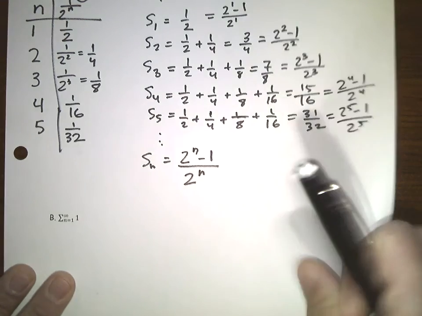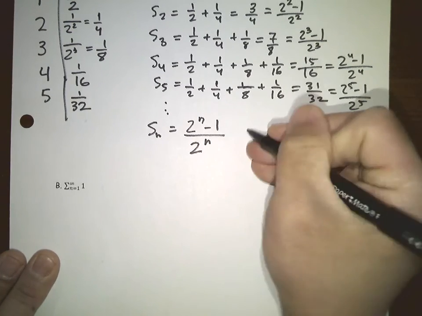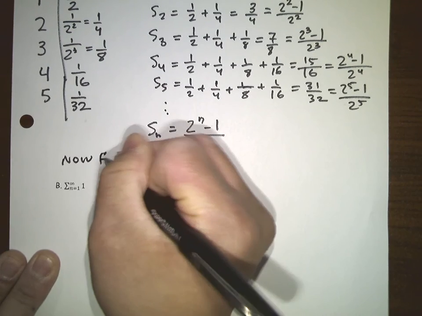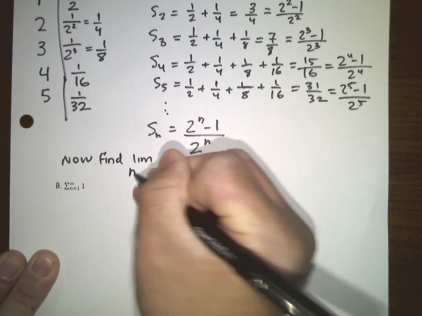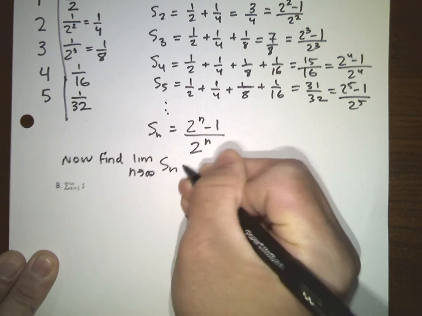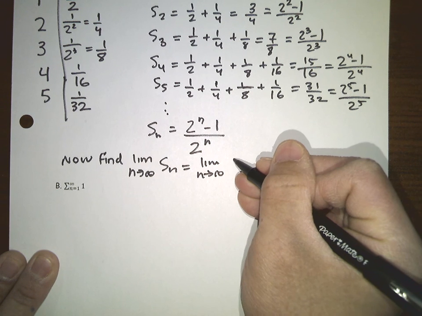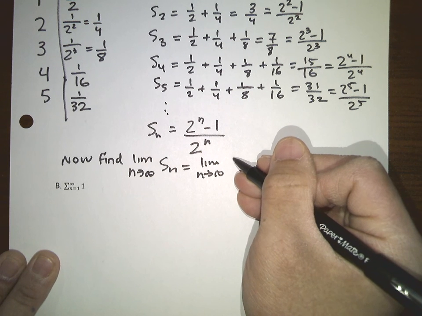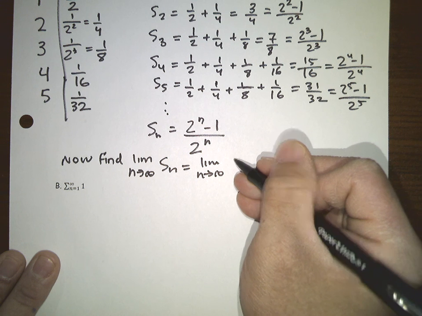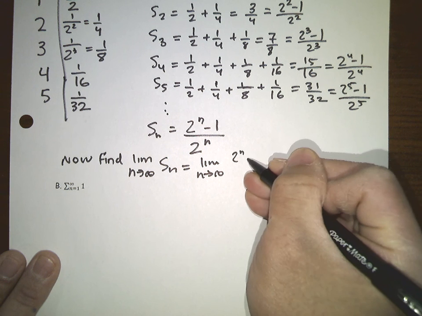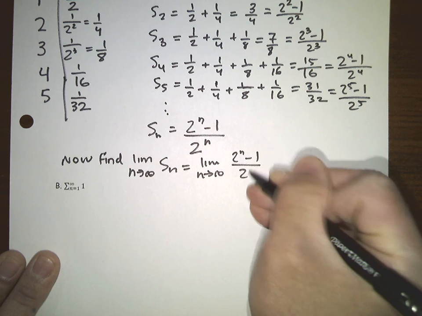So now that we found the formula for Sn, now we need to find the limit as n goes to infinity of Sn. So it's the limit as n goes to infinity of 2 to the n minus 1 over 2 to the n.